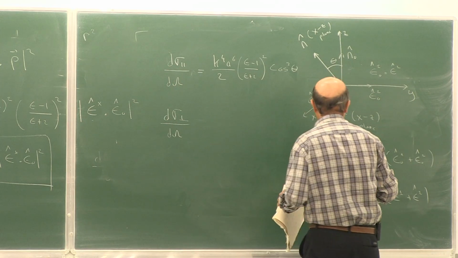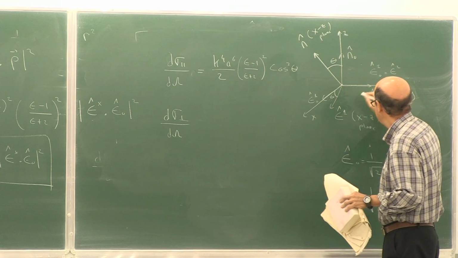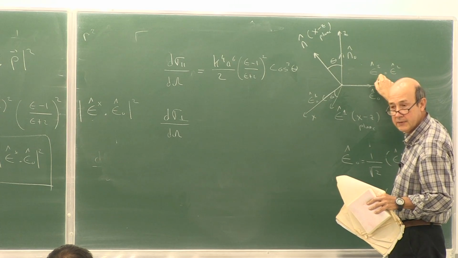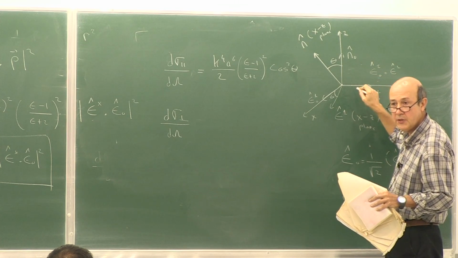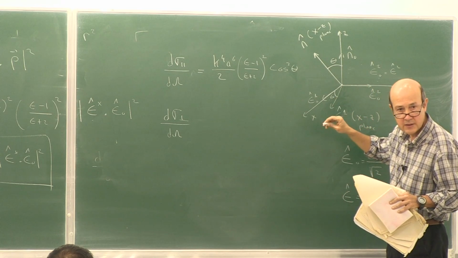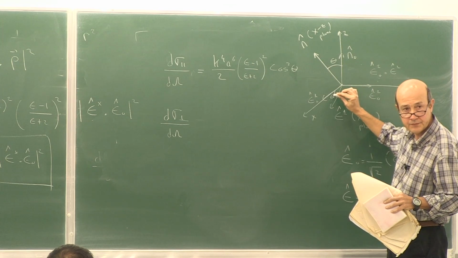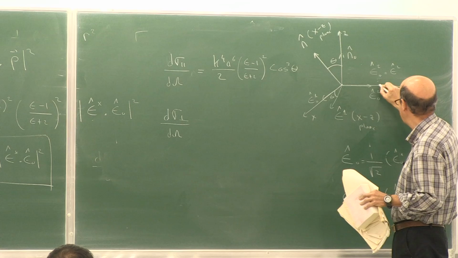If you look at the perpendicular to the scattering surface, before the scattering and after the scattering, they are parallel. Okay? Polarization perpendicular to the scattering surface doesn't change. They are along y direction. So before the scattering, that was epsilon 0 along y.